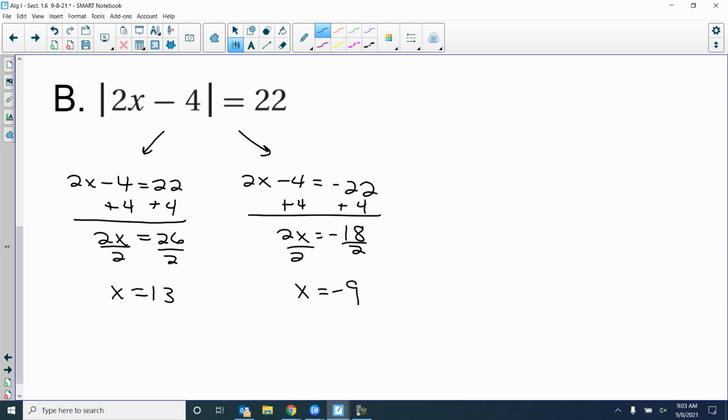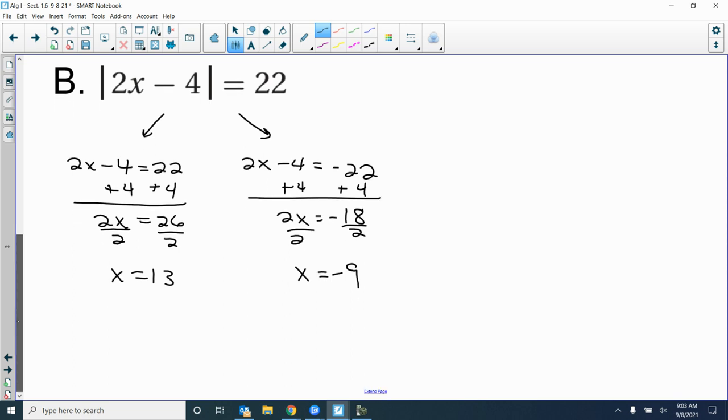All right, Maddie, explain to me why that's right. Because if you plug negative 9 in, you do 2 times negative 9 minus 4, you get negative 22, and the absolute value of negative 22 is 22. All right, I like how you explain it. Yep, 2 times negative 9 is negative 18, minus 4 gives us negative 22.